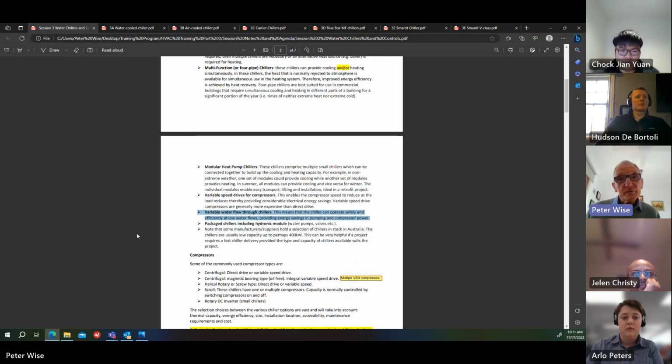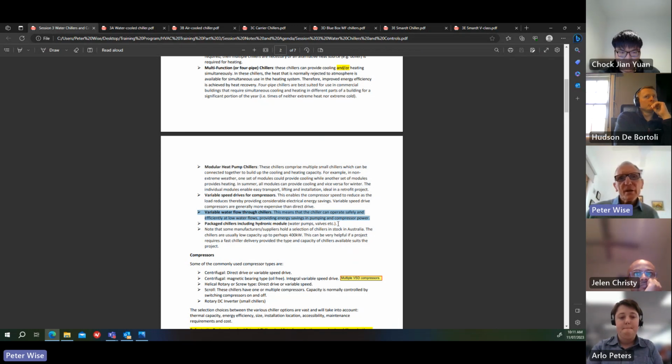You can still get constant flow chillers, but variable flow chillers have the control system and safety protection to provide that feature. And reducing the flow through the chiller reduces your pumping power, reduces your compressor power. So it all gives you good energy savings.